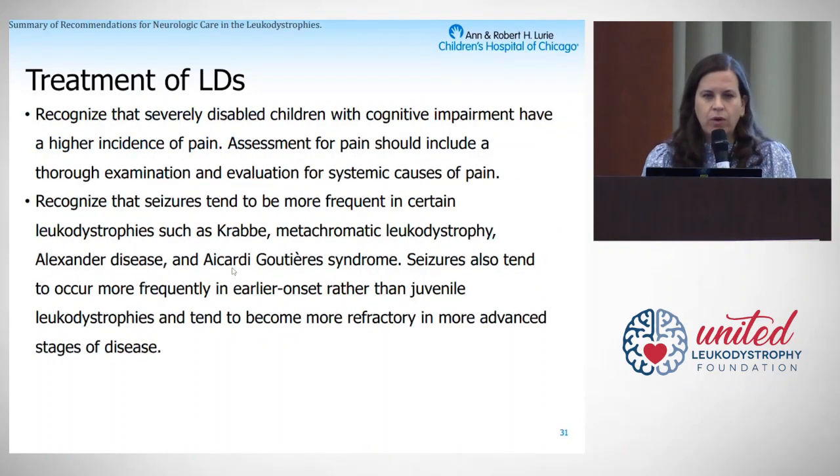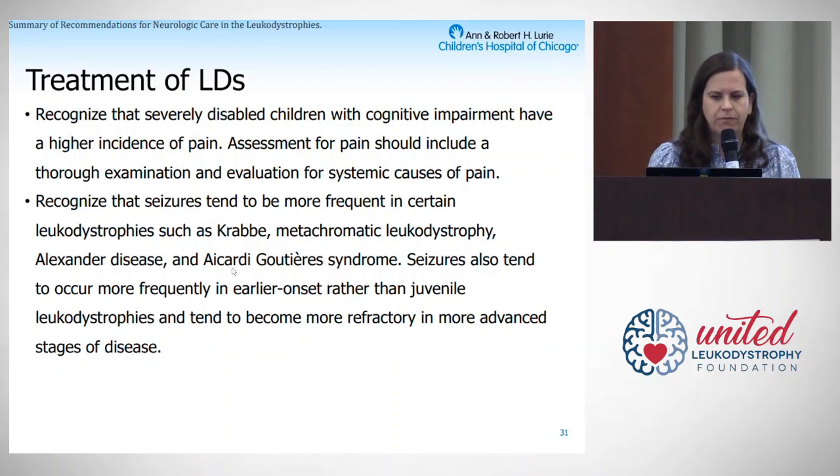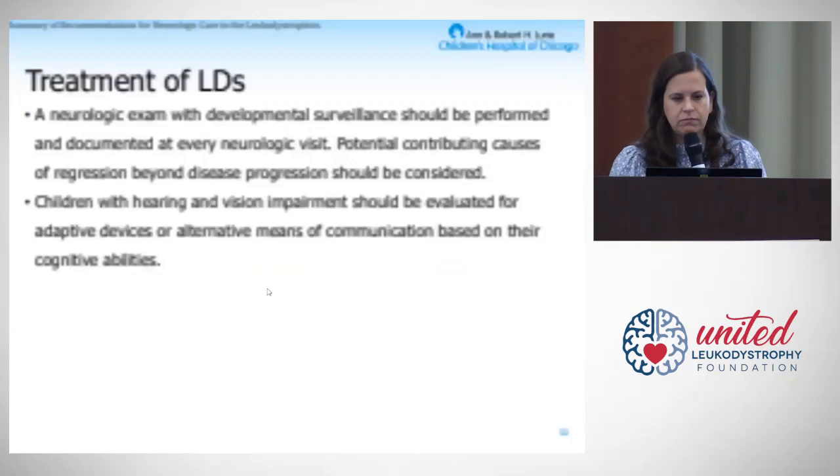We also talked about pain. Children with more progressed disease can have a higher incidence of pain, so we should assess for that and look for that. We also talked about seizures. They can be more common in some leukodystrophies, and an earlier onset leukodystrophy is more likely to be associated with seizures.